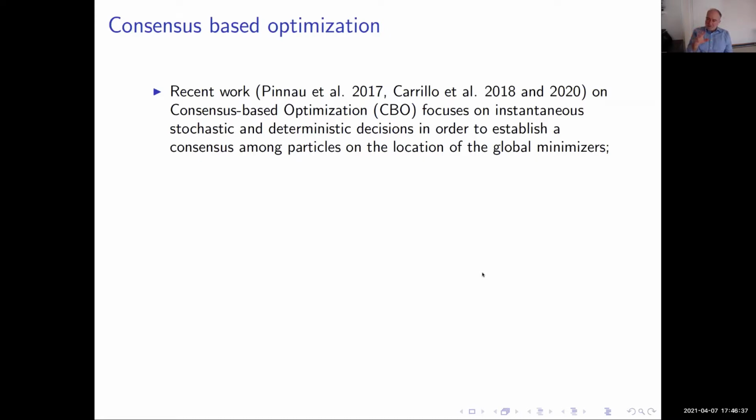At the moment, this is a high-level description, and I will get to formulas in a moment, but the idea is that the particles are moving both deterministically and randomly, exploring the space and trying, in a certain sense, to find a consensus on the possible position of the global minimizer.